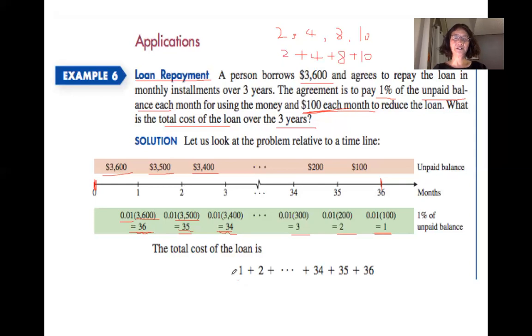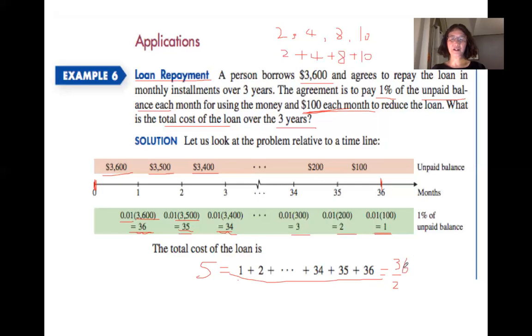And this is an arithmetic series. Remember, if you want to add this, how many terms? 36.